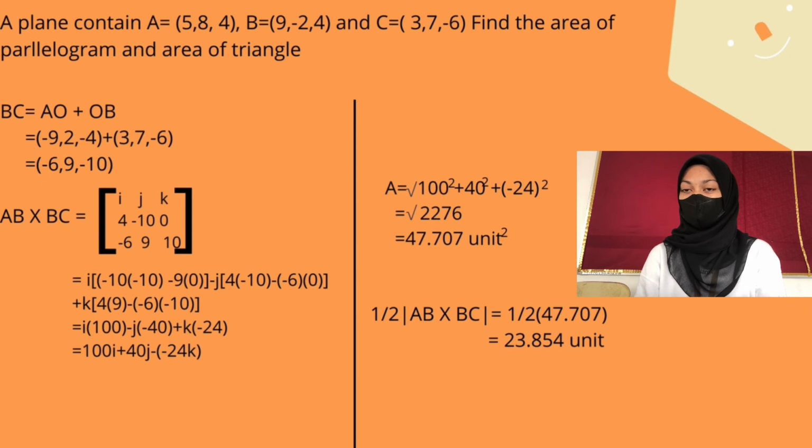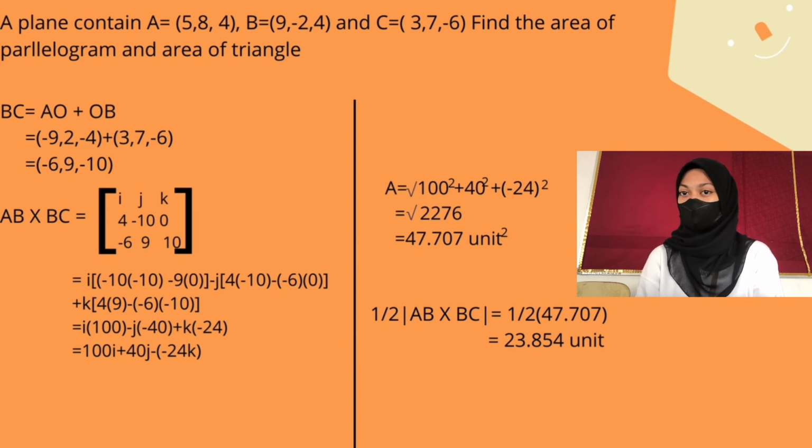After that, we use the cross product method, which is a combination of two vectors to get a vector. We need to state 3 rows and 3 columns, and for the elements of the matrix, we can use i, j, k. So, AB cross BC equals i, j, k for (-10, 0, -6) and (9, -10).